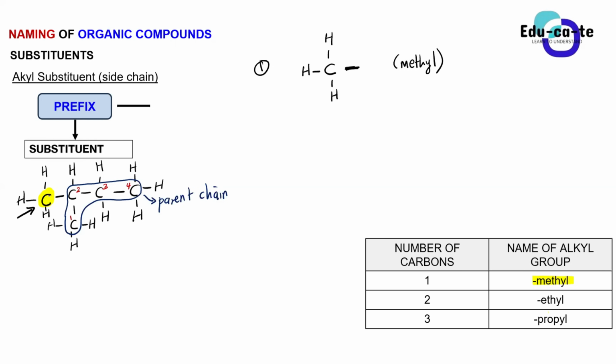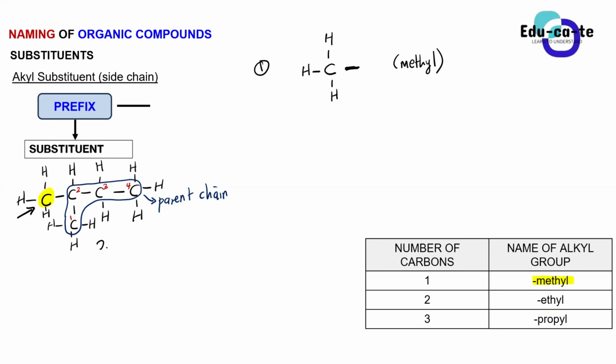So when you get to carbon number 2, you can see that is where this methyl group is attached. Remember that the substituent attaches to one of the carbons in the parent chain. So this methyl group, this alkyl group, a carbon having 3 hydrogens, is attached to carbon number 2. Before we start naming our compound, we mention that on carbon number 2 we have a methyl group.